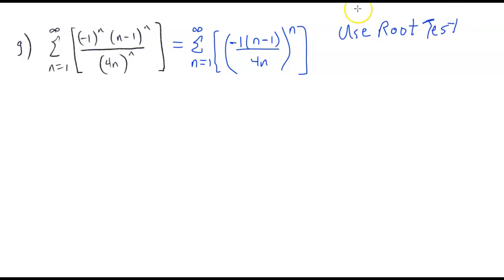Let's try to make that look a little better. All right, so the root test says that we need to figure out what is going to be the limit as n approaches infinity of the nth root of the absolute value of a sub n.